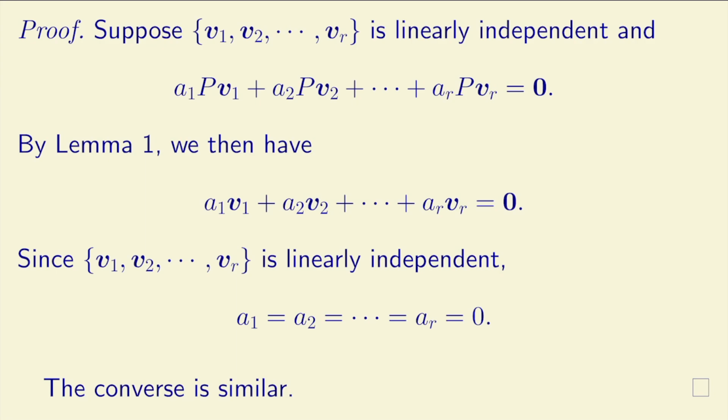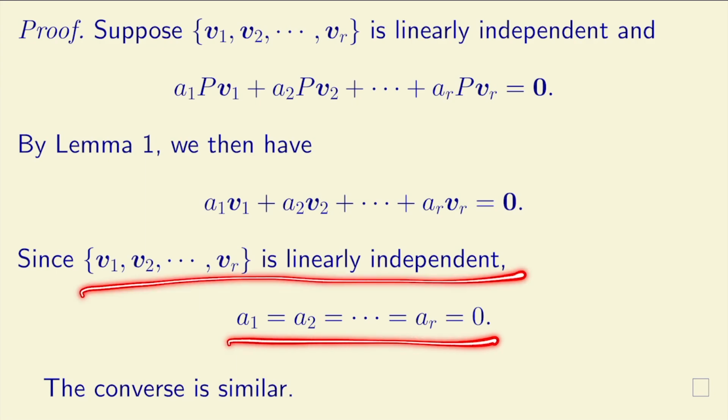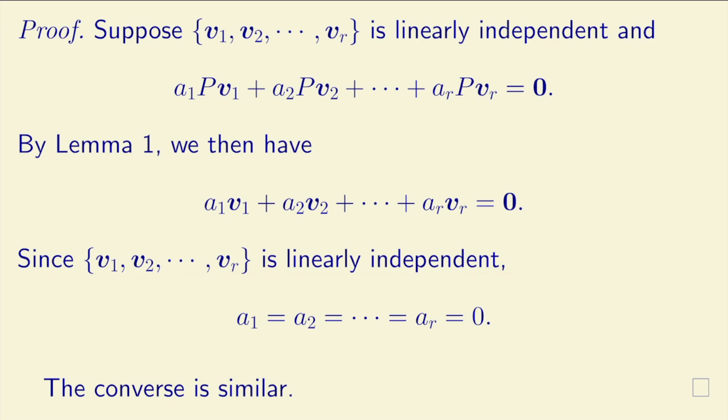Since we started by assuming they're linearly independent, all the coefficients must be 0. The other way is the same logic, just with P inverse. So if we apply elementary row operations to a matrix, it doesn't change whether its original columns are linearly independent or not. That's a huge insight. Exactly, and that's why this method works.